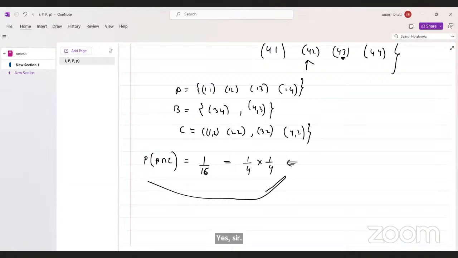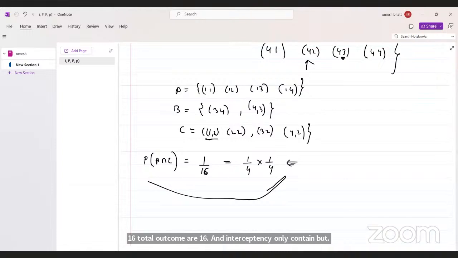P of A intersection C equals P of A into P of C. The probability of A intersection C: total outcomes are 16, and A intersection C only contains 1,2, so 1 divided by 16 is your probability.